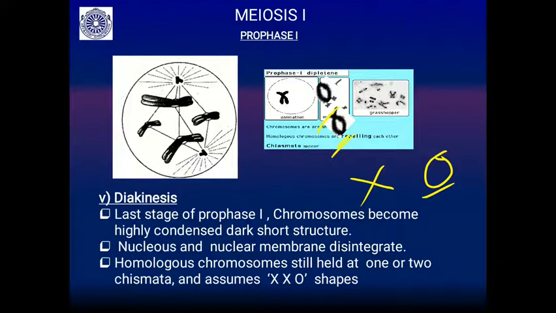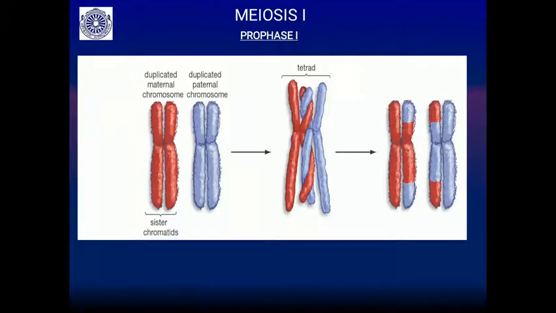After diakinesis, the last stage of prophase I, the next is metaphase I. Before that, let me sum up what happens during prophase I. In prophase I, the already duplicated chromosomes pair, homologous pairing, and you can see they lie close to each other.